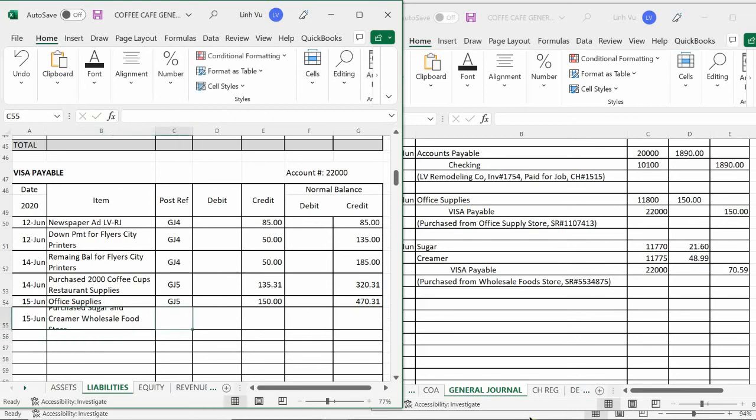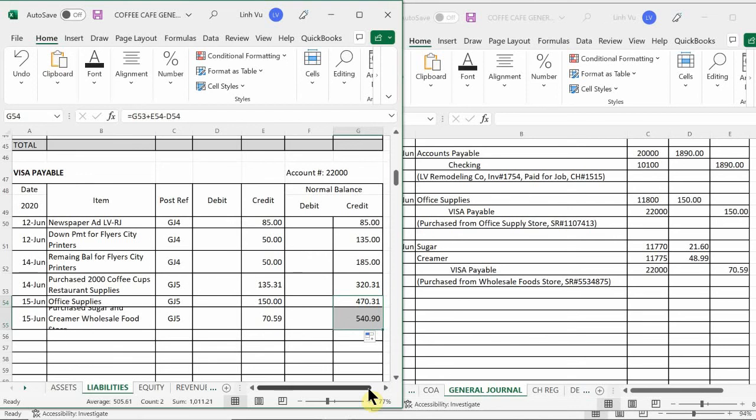General journal 5, and we're going to credit 70.59, which gives us $540.90. Excellent. So we got everybody covered.